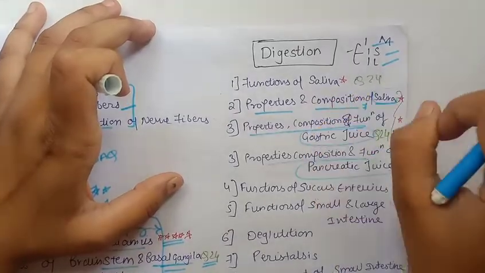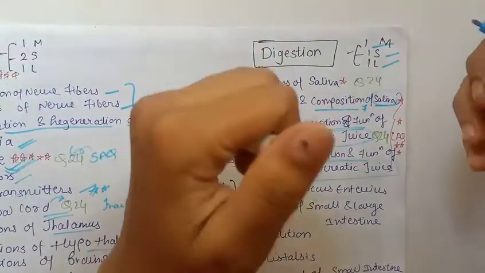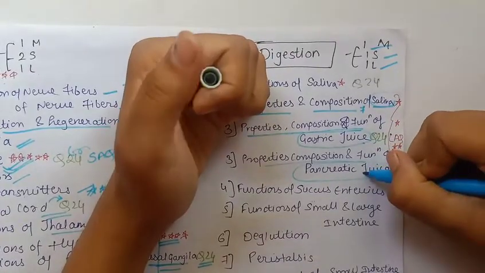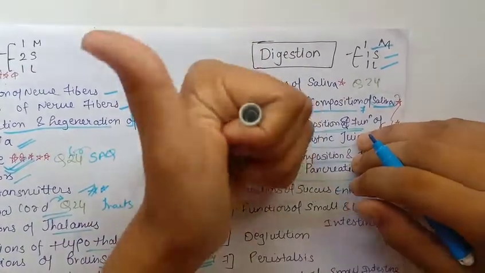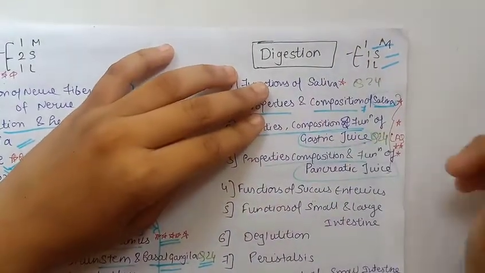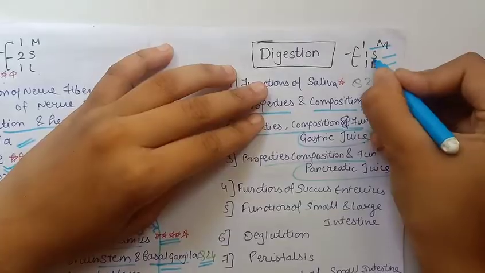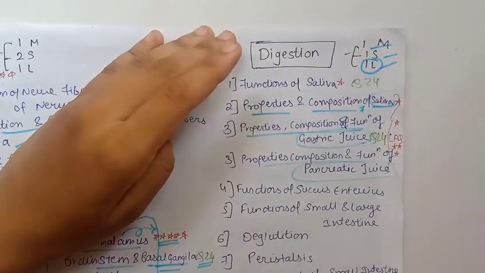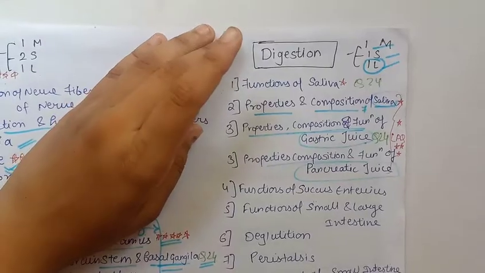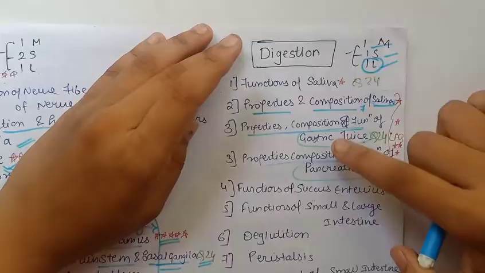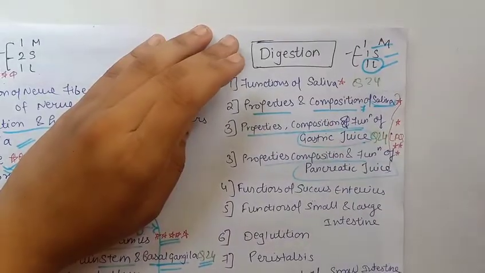Note down: saliva, gastric juice, and pancreatic juice, with their properties, composition, and function. Any one will be present in LAQ form, and the LAQ will be present from these topics only. No other questions are important for LAQ. I can assure you this.